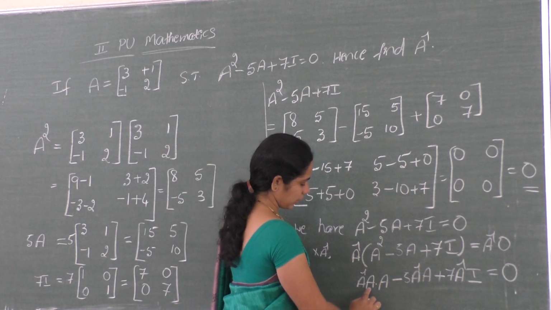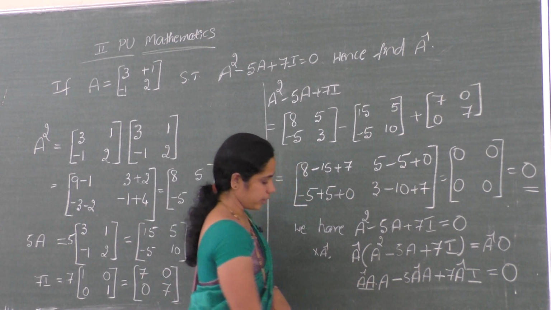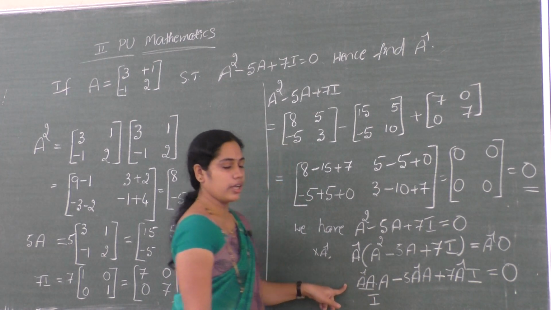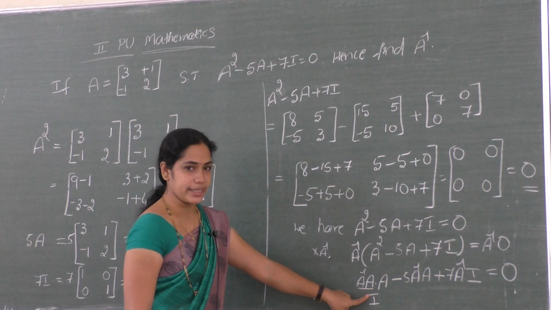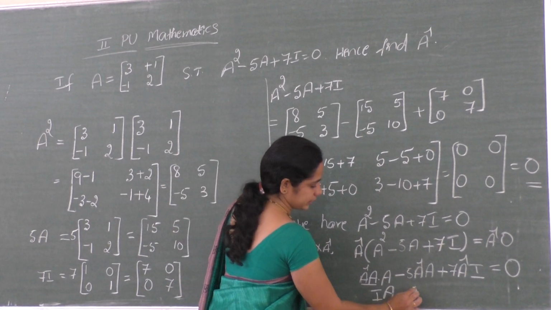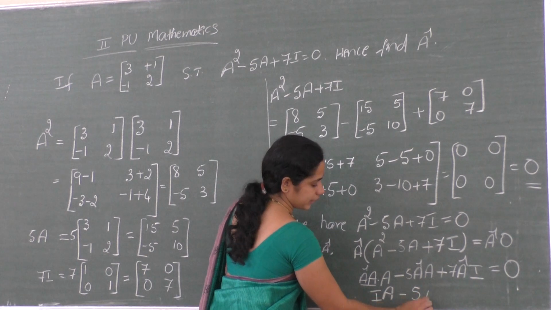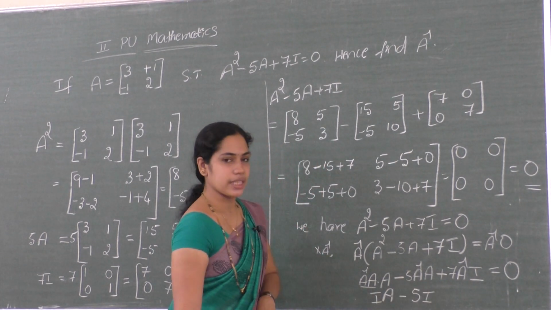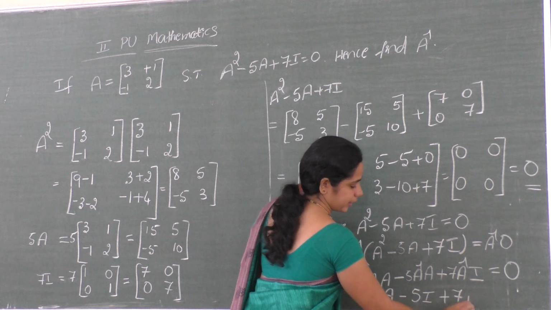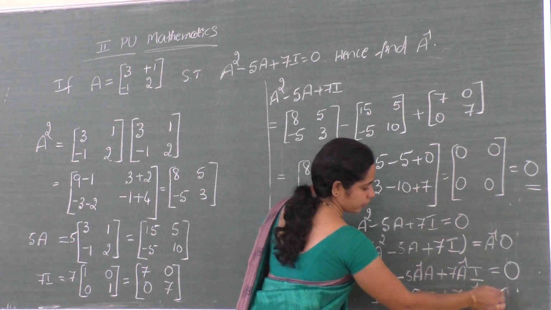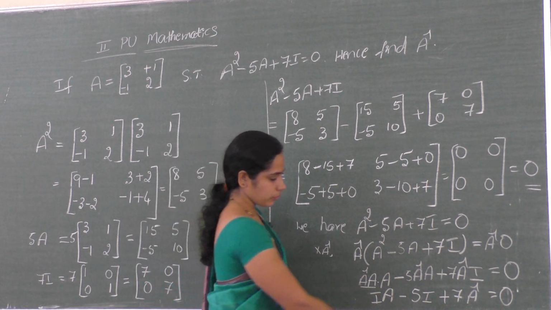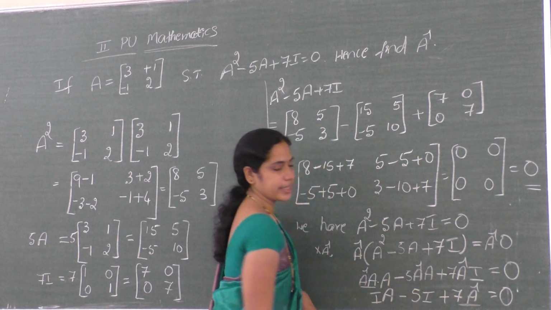Now A inverse into A, we know that already, is I. So I into A minus 5 into I, plus A inverse into I, that is A inverse, equals 0 matrix. Now we need A inverse here.